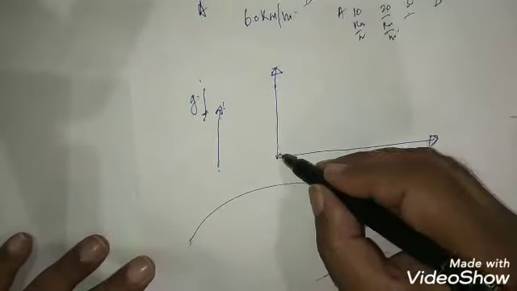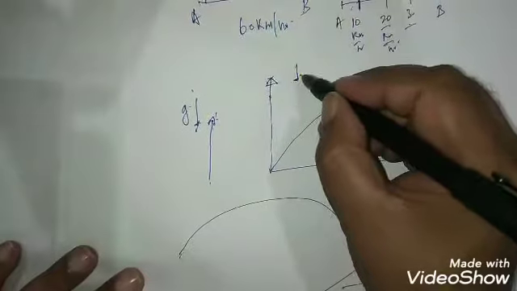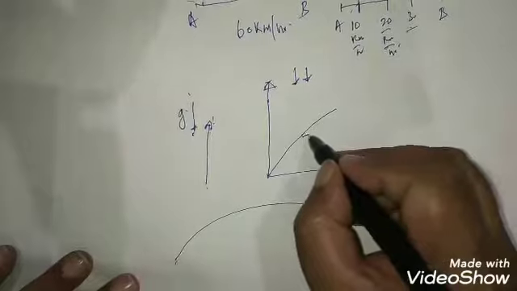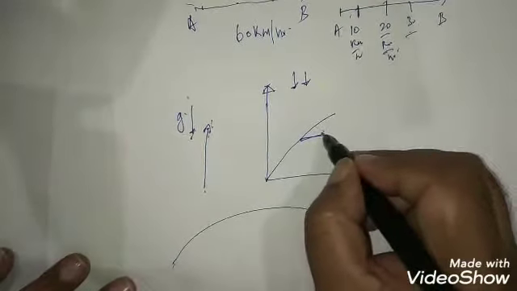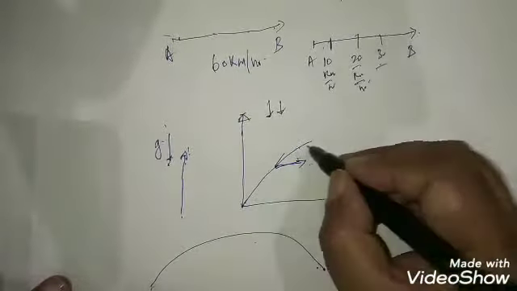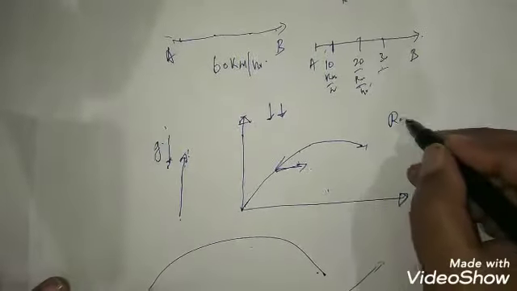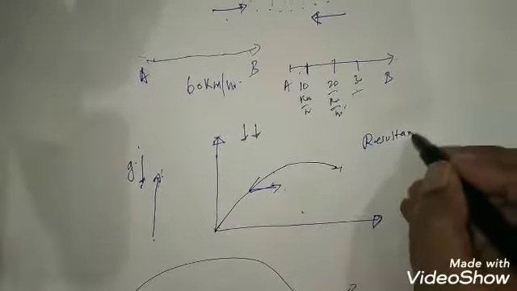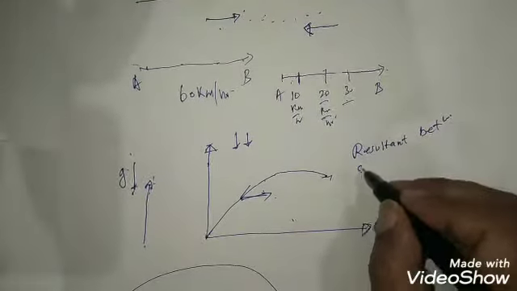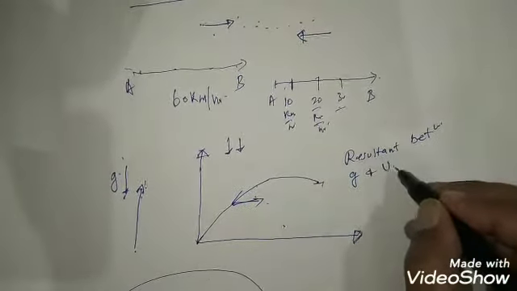These things you can understand by this simple concept. When you are throwing the ball up, gravity is pulling it down, and here there is a force which is moving forward, and at each time the resultant changes, and this projectile path is nothing but the resultant between g and the horizontal velocity.